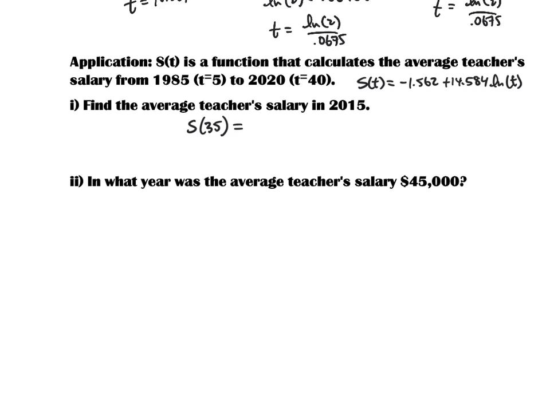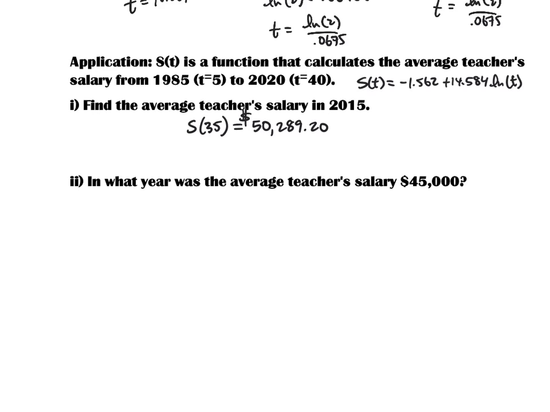Just a reminder, when you're working in your calculator, you don't have t available to you, so you are working with x as your independent variable, knowing that it applies to t. By my calculations, using my TI-84 Plus, I'm getting an average salary of $50,289.20. Okay, average salary in 2015.